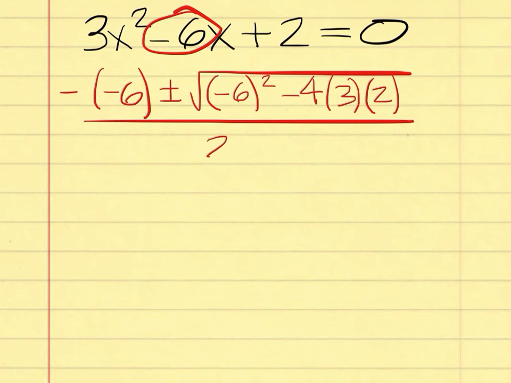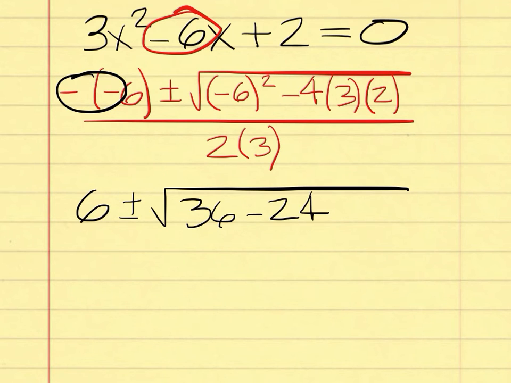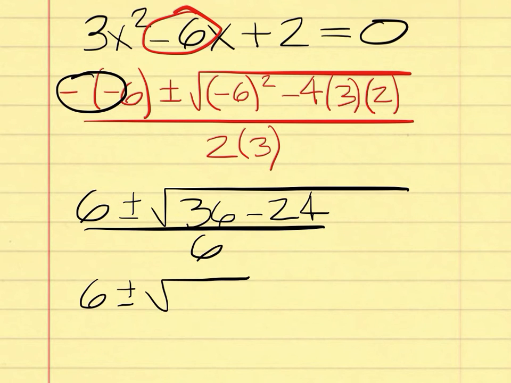All of this is over 2 times 3. Simplify what you have. This is a double negative. So we'll have 6 plus or minus the square root of 36 minus 24, all of that over 6. And of course, under the square root sign, you'll get a 12.